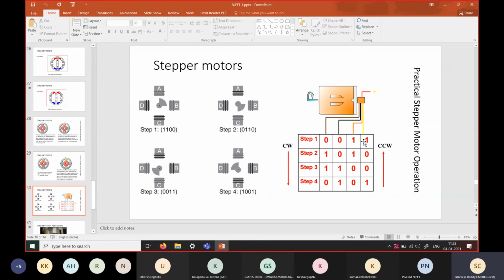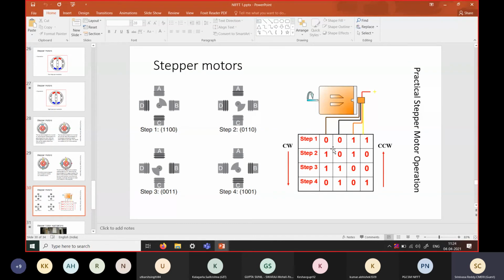So like this, a stepper motor driver continuously generates these binary codes to switch on the different coils at different times to have a desired motion of the stepper motor.